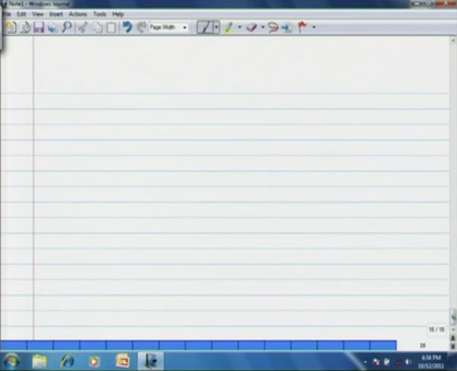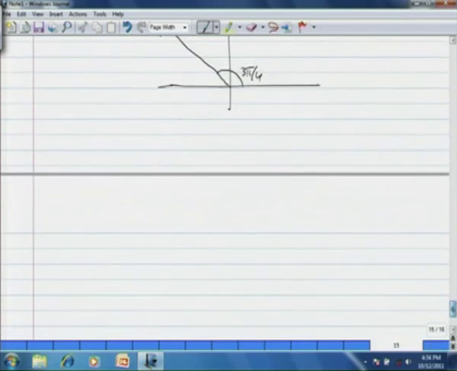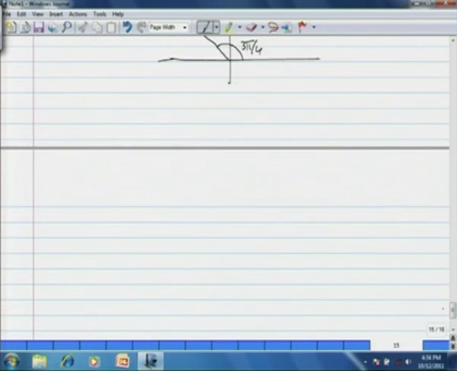So, all in all, if you take this wedge, so this angle is 2 pi by 3.